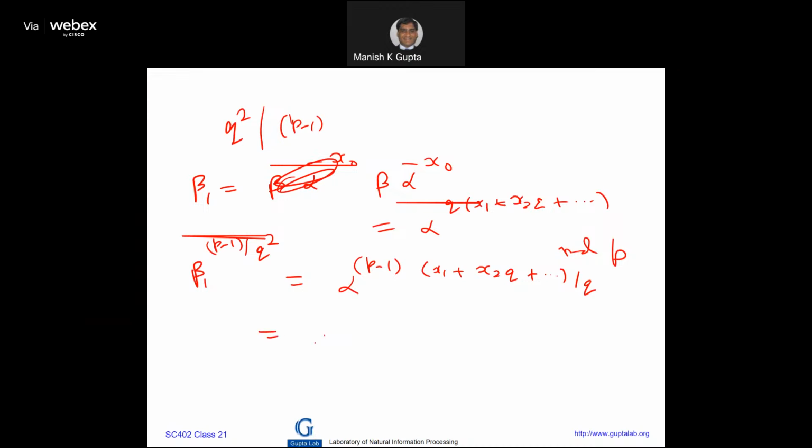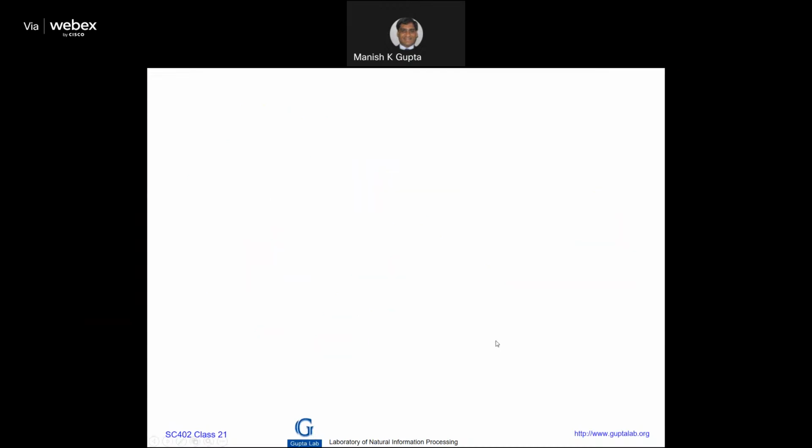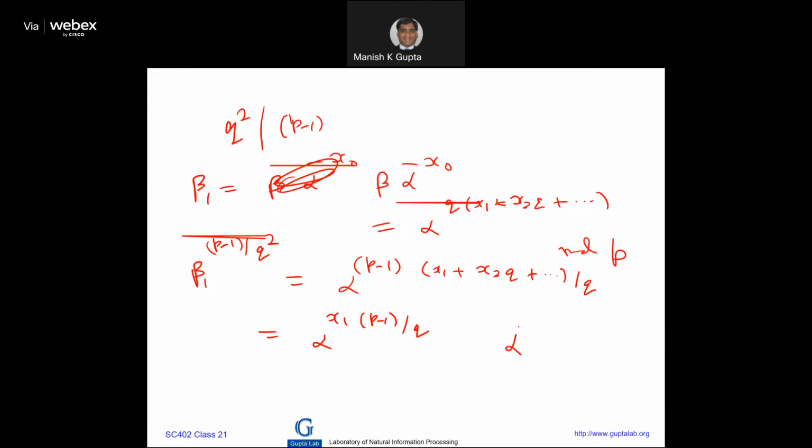So this is nothing but alpha raised to power x1 times p minus 1 by q, and the rest of the things will be alpha raised to power p minus 1 whole raised to power x2 plus x3 q and so on, which is an integer. This value will be 1 anyway, so we are simplified. We are left with alpha raised to power x1 times p minus 1 by q.